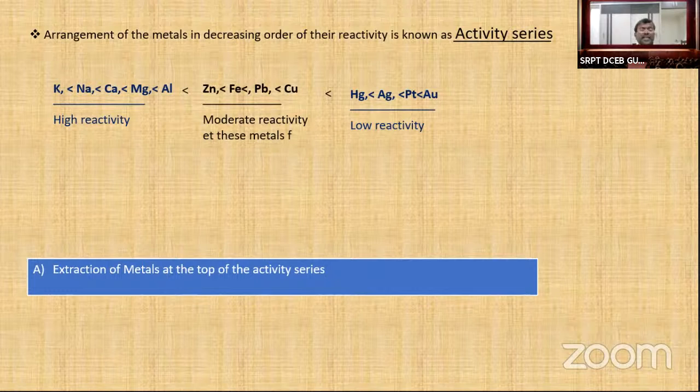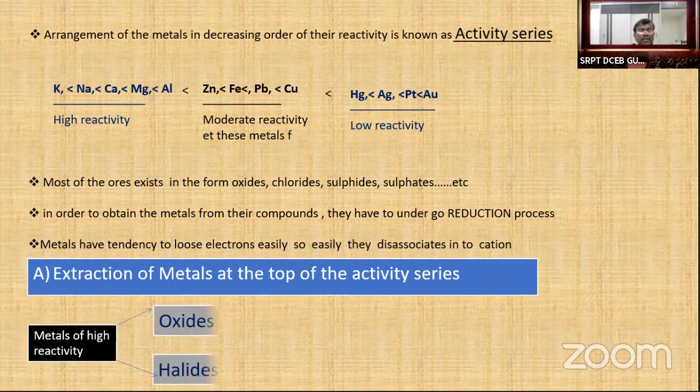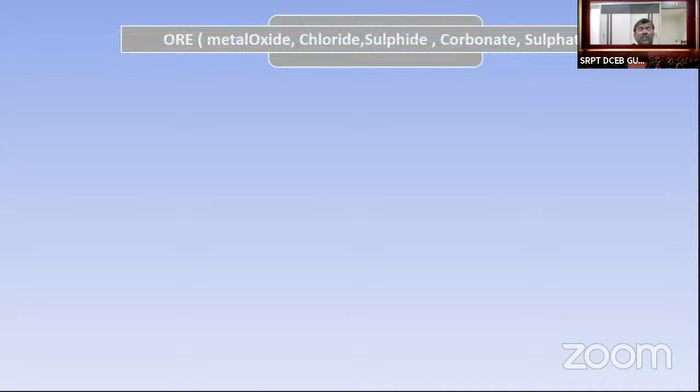High reactive metals are extracted by a method called electrolysis. For electrolysis, first the ore has to be converted into its molten or fused state. Then only will the electrolysis be easy and economically feasible. This is the chart that we have seen yesterday.